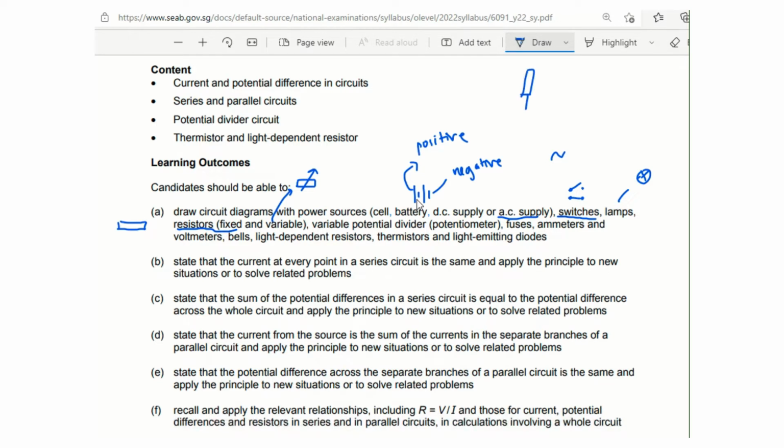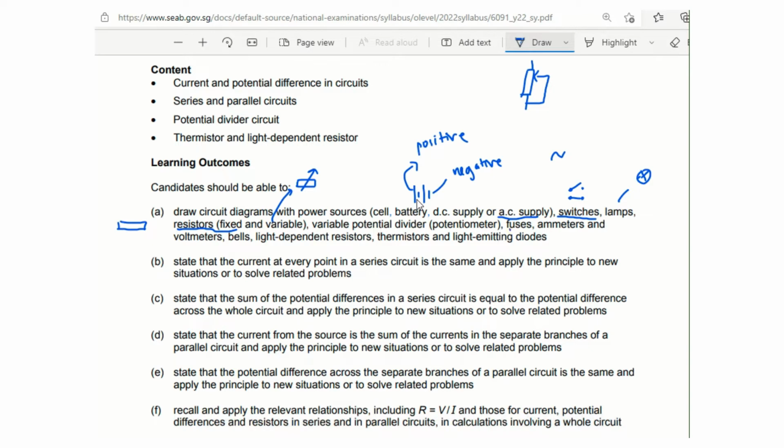The ends are connected by wires, and then you have an arrow here. The closer the arrow is to this point, the lower the resistance. The further away the arrow is from this point, the higher the resistance. So for a potentiometer, you can slide the jockey along it to vary the resistance.